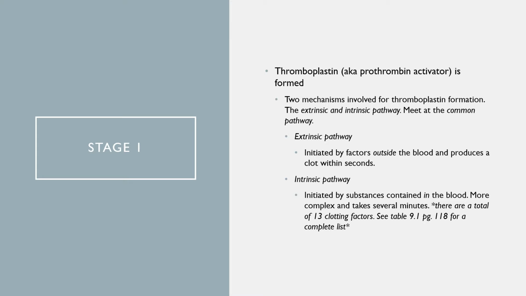The intrinsic pathway is initiated by substances in the blood. It's a little bit more complex. It takes several minutes, and there are a total of 13 clotting factors that we're not going to go through one by one, but there is a table on page 118. That's table 9.1 that does have a complete list.